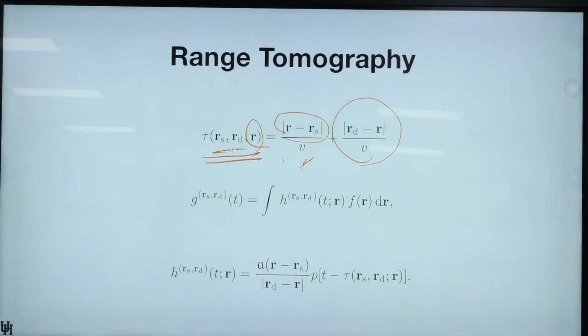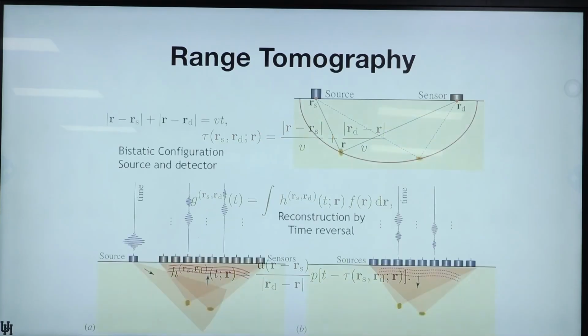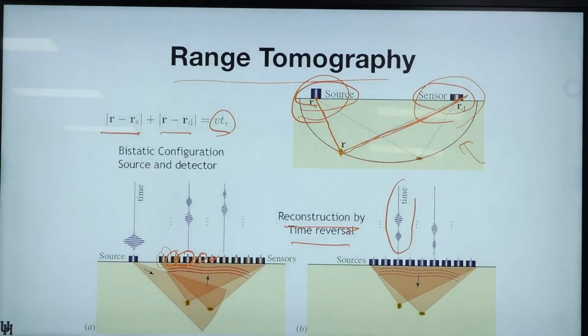The sum of the two times is the overall time, and that is the data you measure going from R_S to R_D. So for each pair of source and detector, you get a time measurement. That's illustrated here, and this is the kind of data you could measure at different sensors.